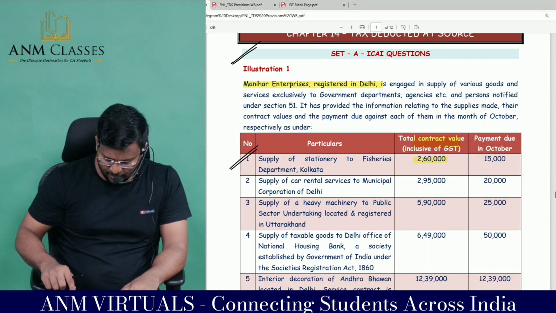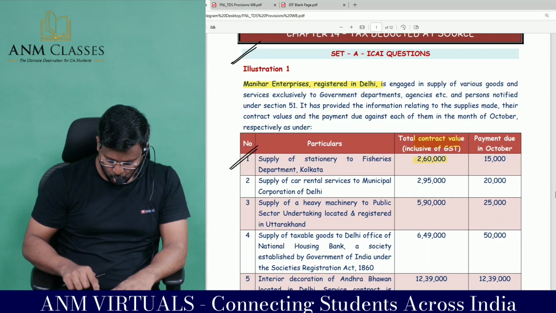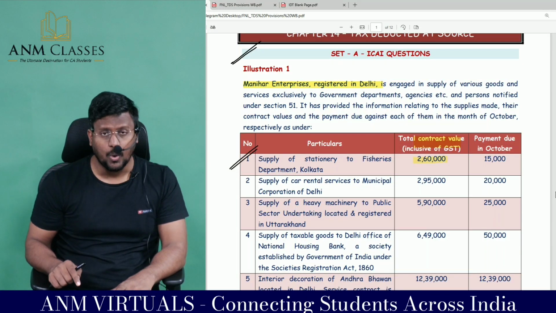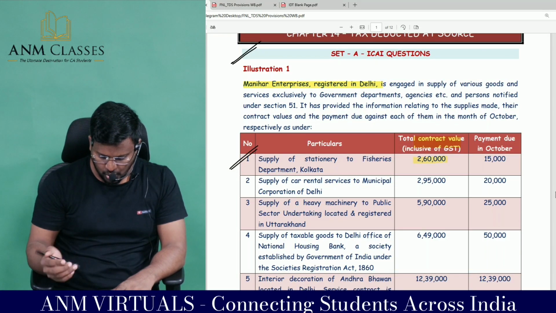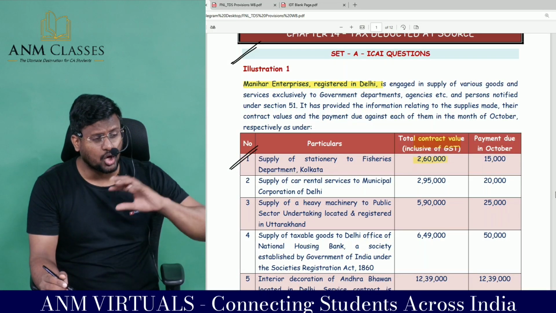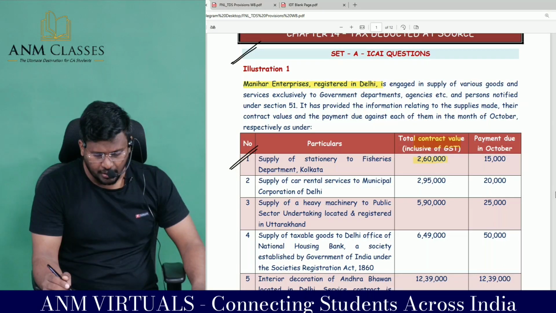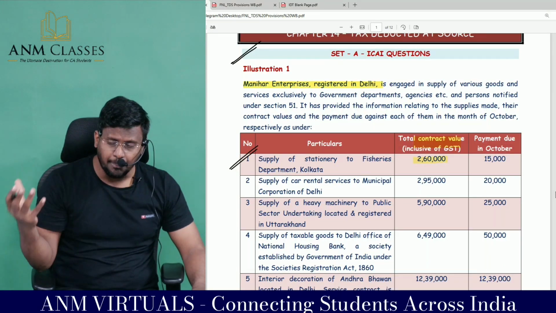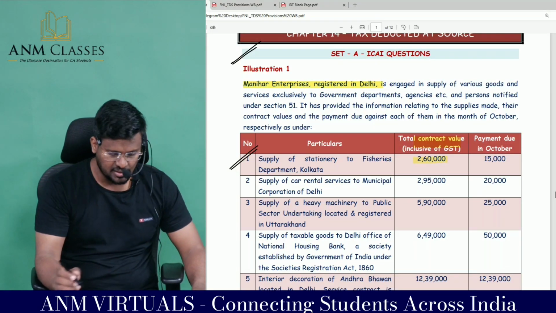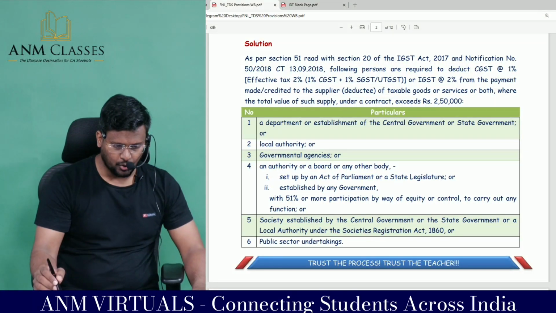So what is the rate? 18%. So 2,60,000 divided by 118 into 100 comes to 2,20,000, which does not exceed 2,50,000. Since the contract value does not exceed 2,50,000, the recipient should not deduct TDS.